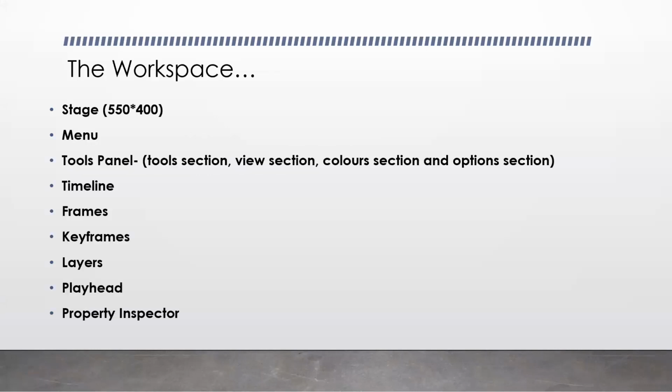Next is, beta, the workspace of your Animate CC. In this, we are going to learn the different parts of the workspace environment of Animate CC. Stage, as the name is telling, it will be something where you will be performing, where the animations will be playing.